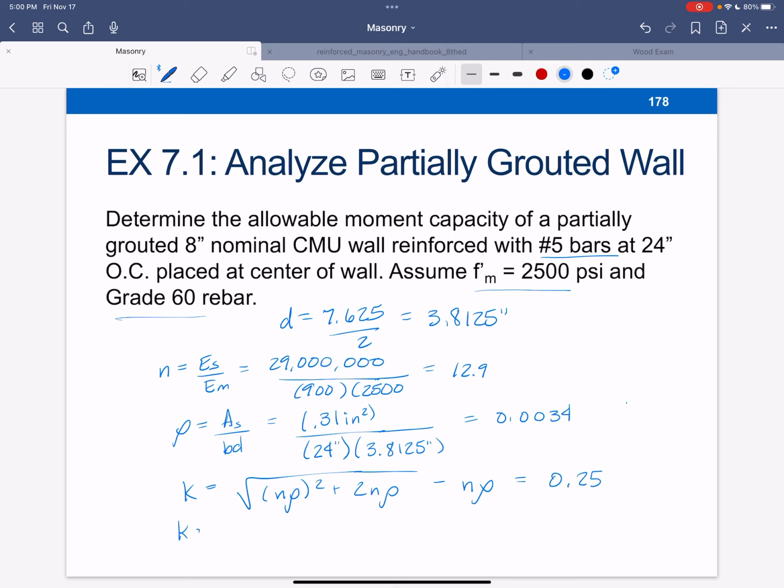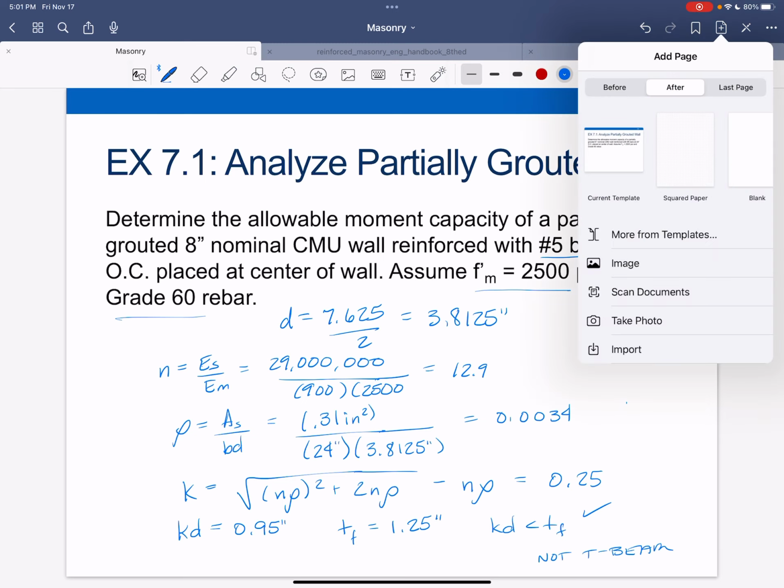So kd is equal to 0.95 inches. And the thickness of the flange for these blocks, we talked about this before, is 1.25. So kd is less than tf. Awesome, because it's not a T-beam, which means we can just do this the same way we always do, which is handy.